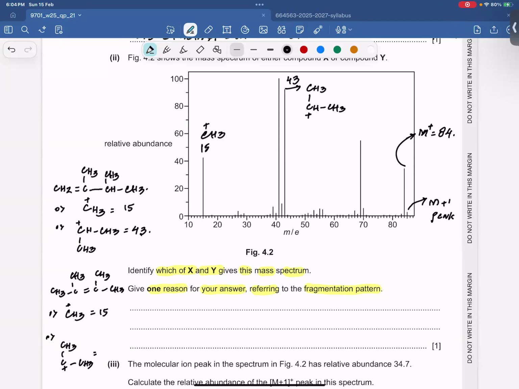That's 30 plus 12, 42. So give one reason for your answer referring to the fragmentation pattern. And 41 is the base peak. 30, 42, 43.